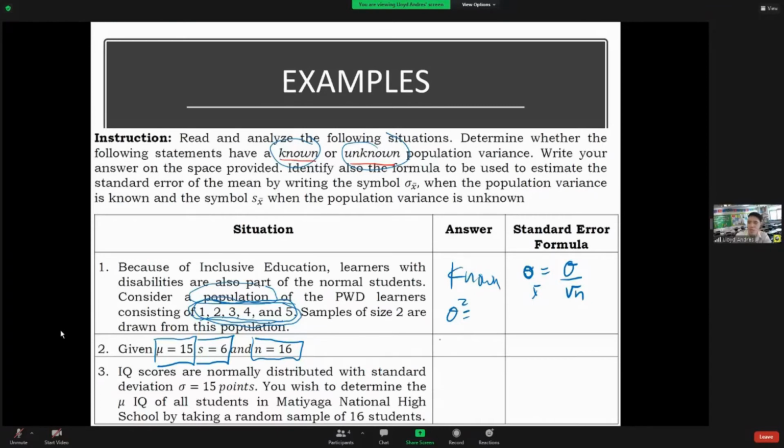Okay lang unta kung may data, wala may data. So kani unknown ni siya. Dili nimo ma-solve ang sigma squared ani kay wala man kay population data. So ang standard error ani is ang S sub x bar, which is equivalent to S over square root of n. So again, ang S is the sample standard deviation.